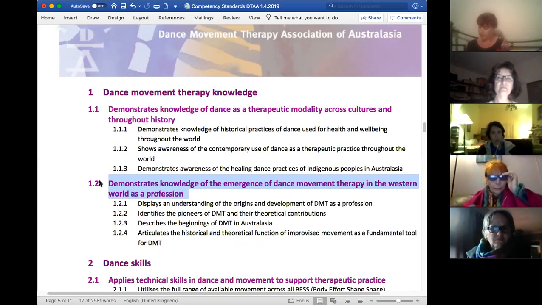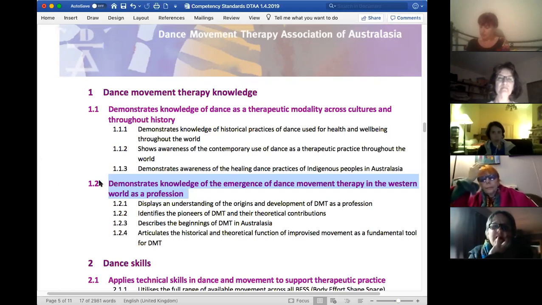Then the second major competency, I never know quite how to subdivide these, is about dance movement therapy in specific. So pretty much since the 1940s, if we want, but it depends on how you develop your content. That's up to you.